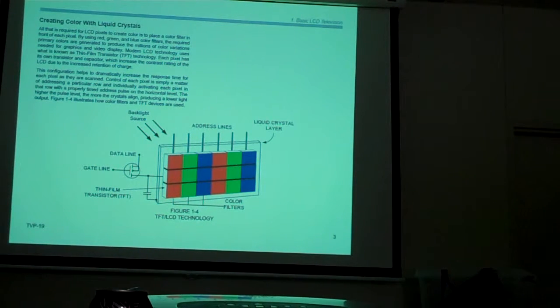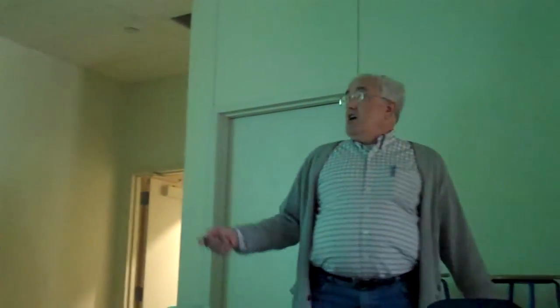Now, to put this in perspective, if you have a nice 1080p display at your home, a nice flat panel display, that has over 6 million of these pixel elements. That's a bunch, right? So to control what is basically a matrix, we have address lines, and it's just like addressing memory.